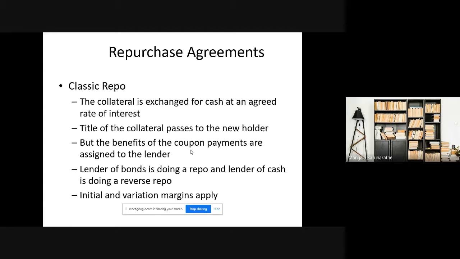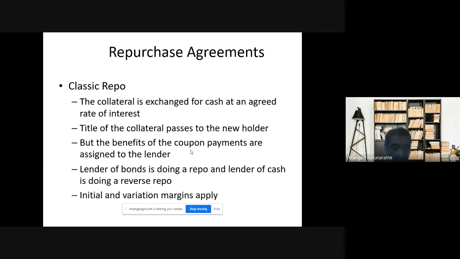And the haircuts, the initial margin also vary according to sometimes the maturity of the bond which we are giving, right? So there's a regulation, plus the lender of bonds and lender of cash, both parties in the repo and the reverse repo, can agree upon this initial margin, right?